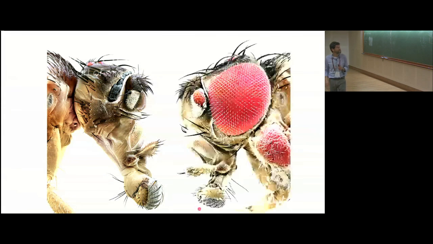So what the expression of eyeless, or even the human version of eyeless, does is this. You start getting eyes in the antennae, in the legs, or in the wings. So you can produce flies that have like 12 eyes or 14 eyes on the body, just by manipulating the expression of a single transcription factor.